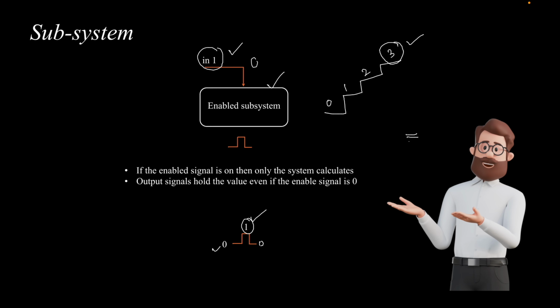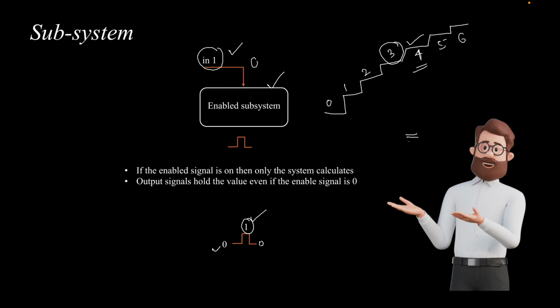Again, if the signal gets enabled, what will happen? The count will start from here: 4, 5, and then 6. It will not start from 1. There are multiple features you can activate in this particular subsystem.